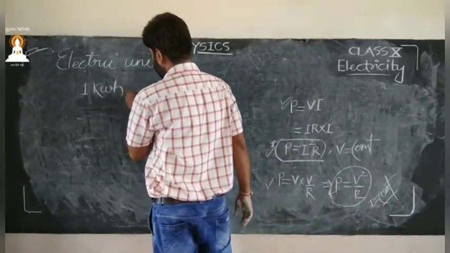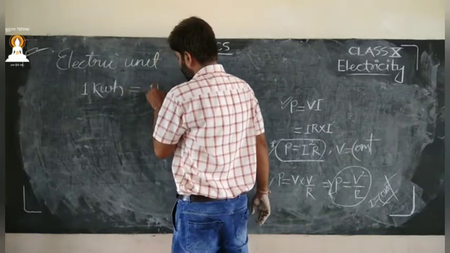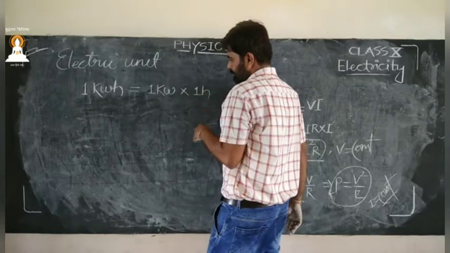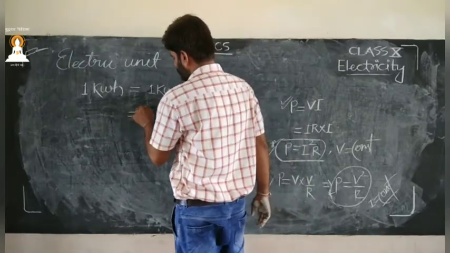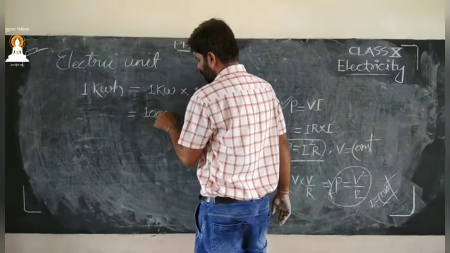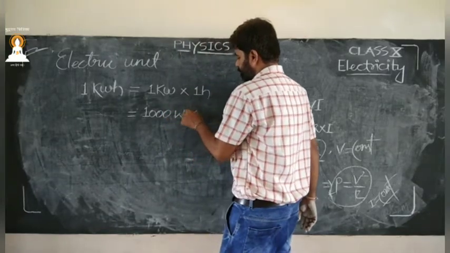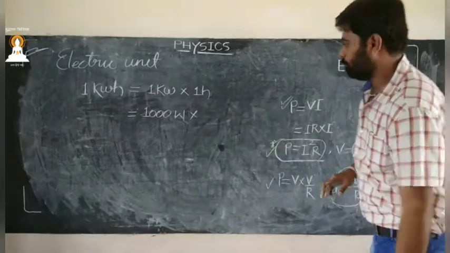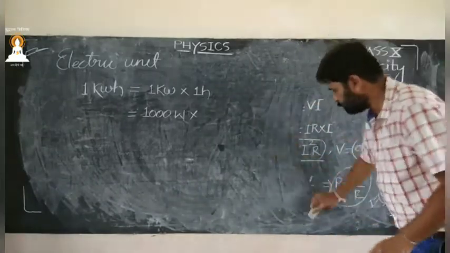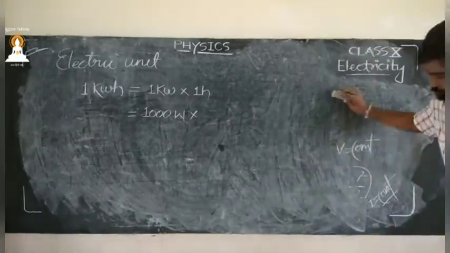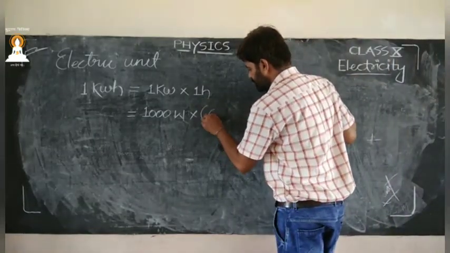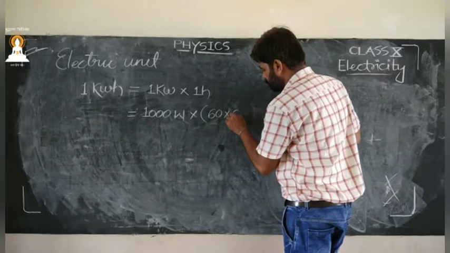Okay, and this is nothing but what, 1 kilowatt into 1 hour. Now 1 kilowatt is nothing but 1000 watt, and watt into second we know is joule. So 1 hour is nothing but 60 minutes into 60 seconds.